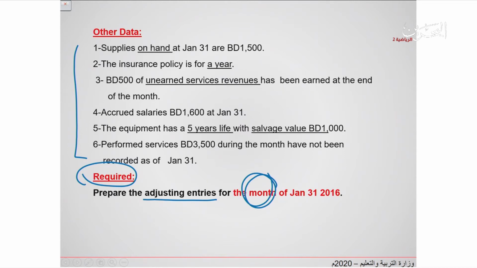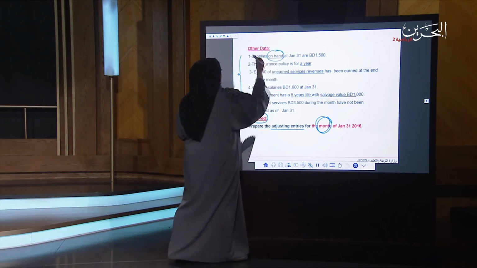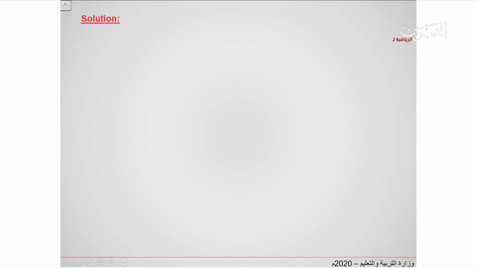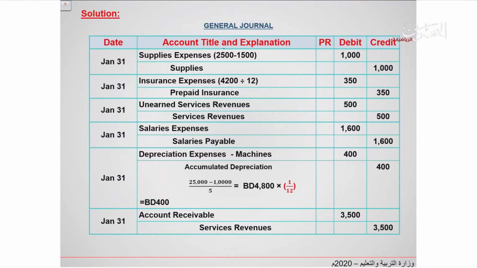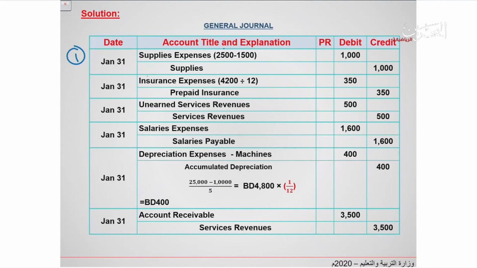So, the first transaction is supplies on hand. Supplies on hand, we took it in the previous lesson. So, when I put it in the general journal, see the solution in the general journal. The first transaction, here supplies expense, I put supplies expense and supplies.